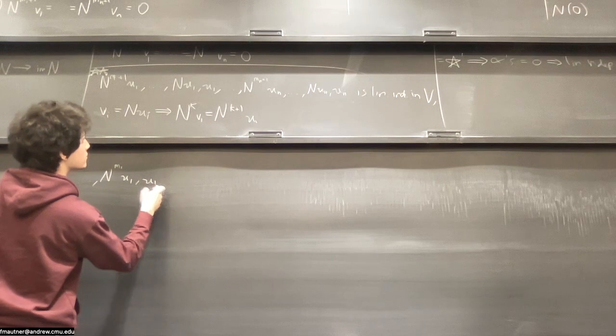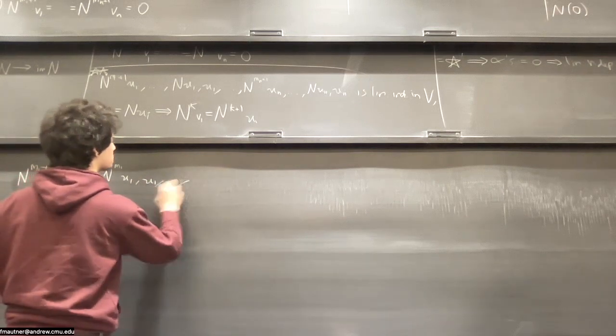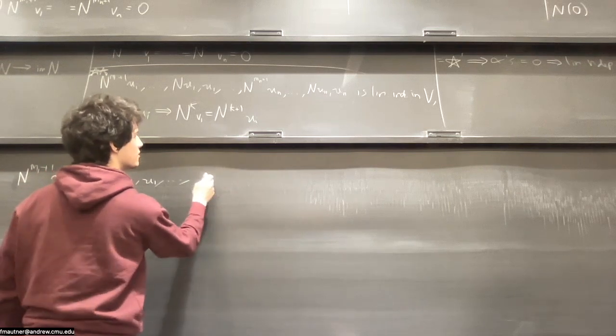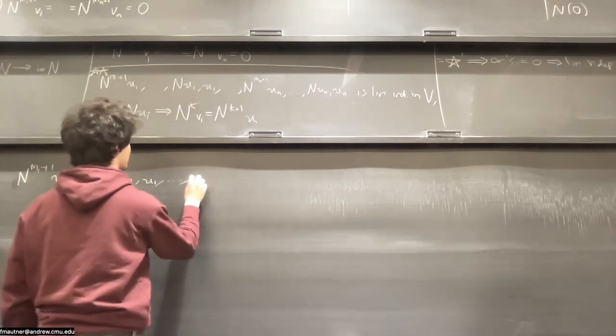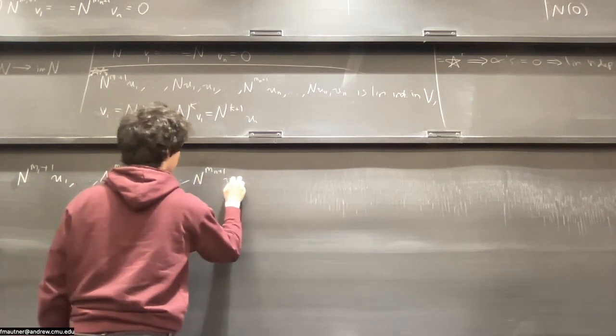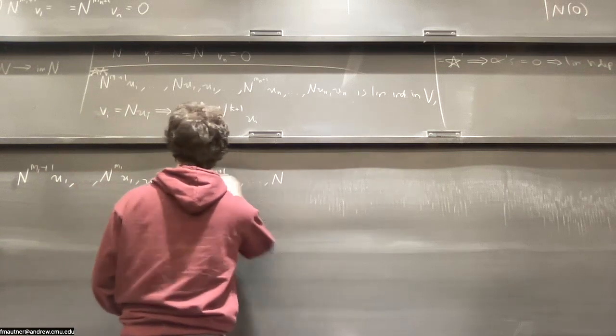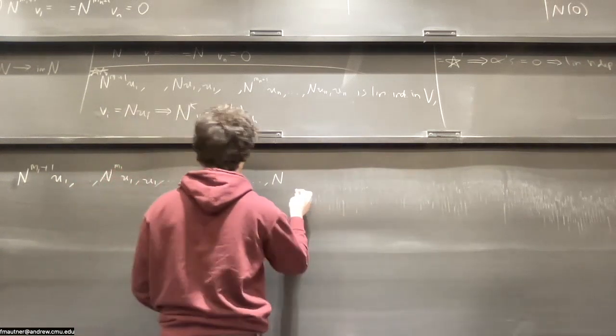So we're going to have n to the m sub 1 plus 1 u1, up to n to the m sub n plus 1, u sub n.